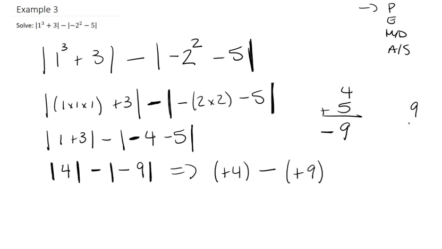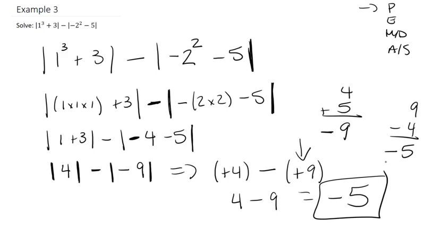We can go 9 minus 4, which is 5, but we're going to keep the negative sign as it's the larger number, which is the 9, because this really is 4 minus 9. So this becomes negative 5 as our final solution to this problem.